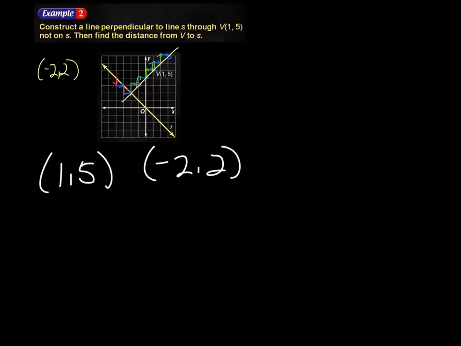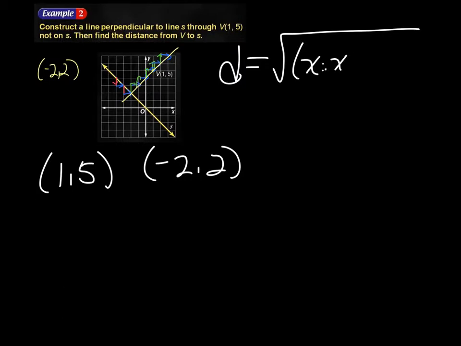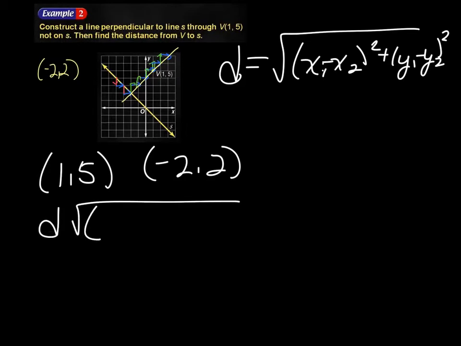We're back again to using the distance formula. The square root of the difference in the x's squared plus the difference in the y's squared. So I've got 2 points. I can use the distance formula. The difference in my x's, I'm going to have 1 minus -2, so +3 squared.